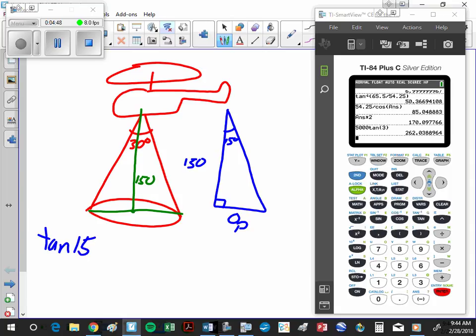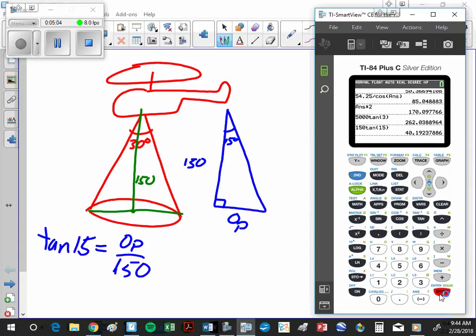Tangent of 15 is equal to opposite divided by 150. Is that a multiply or a switch? Multiply. So 150 tangent of 15 degrees gives me 40.19 feet. I need to double it because I want to know the entire length, not just half of it. So we multiply this by 2, 80.38 feet. Okay.